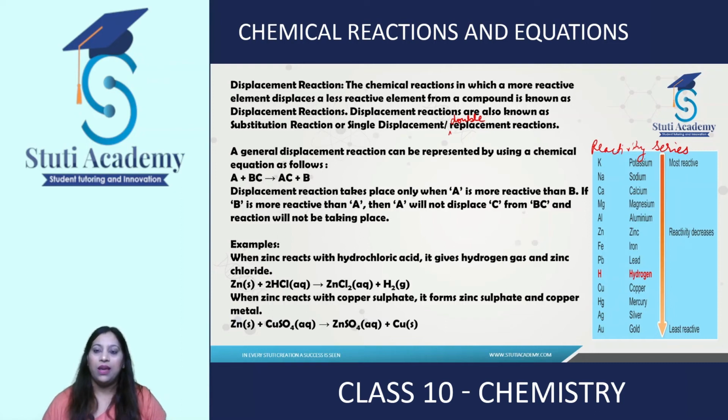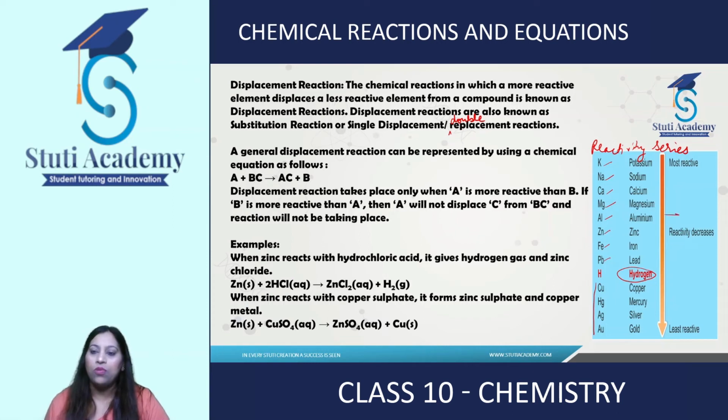In this reactivity series, elements are shown, like potassium, sodium, calcium, magnesium, aluminium, zinc, iron, lead, so they all are more reactive than hydrogen. And the elements below hydrogen are less reactive than hydrogen.